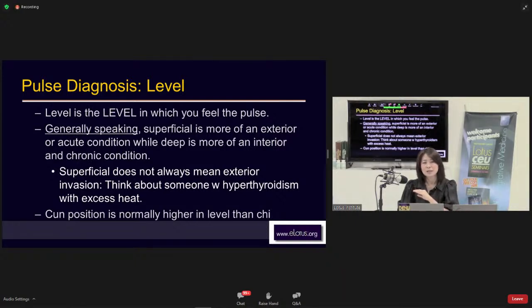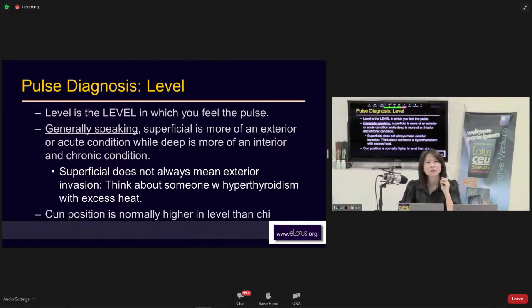I learned that in school: superficial pulse means you catch a wind cold or a wind heat. But when I asked Dr. Chang, he said that doesn't necessarily have to be true, because if you take the pulse of a patient with hypertension or hyperthyroidism or somebody with excess heat, you can still feel their pulse on the superficial level, right? That doesn't mean that they have wind cold or wind heat. That got me thinking.